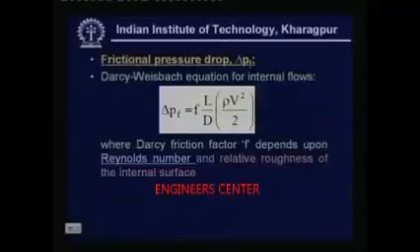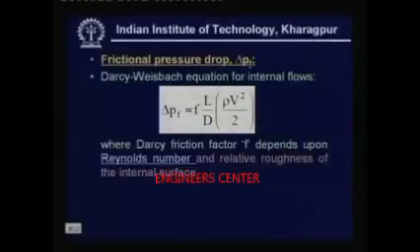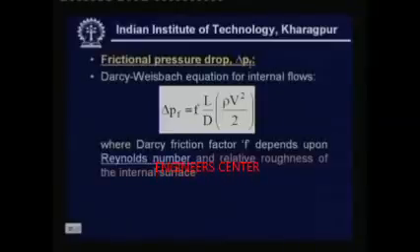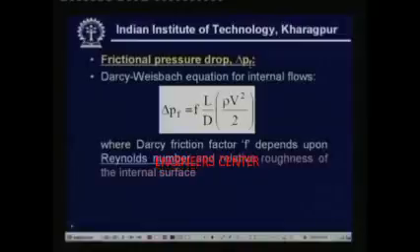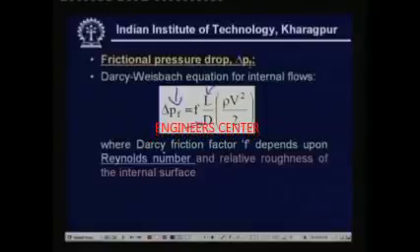Now the frictional pressure drop. The frictional pressure drop is given by Darcy-Weisbach equation for internal flows, and it is given as delta Pf equal to f L by D into rho V square by 2. This is the frictional pressure drop, and here L is the length of the pipe or tube or the duct, and D is the internal diameter if it is a circular pipe or tube, or an equivalent hydraulic diameter if the cross section is non-circular, and rho, as you know, is the density and V is the velocity.